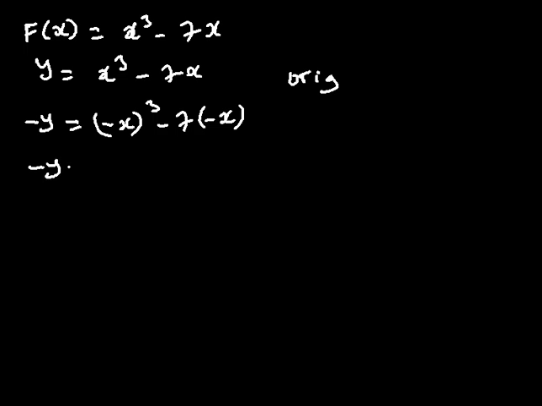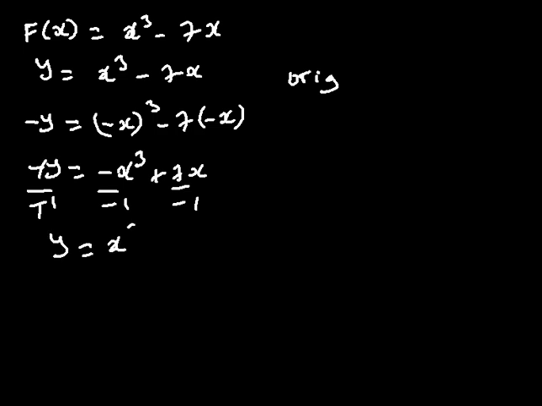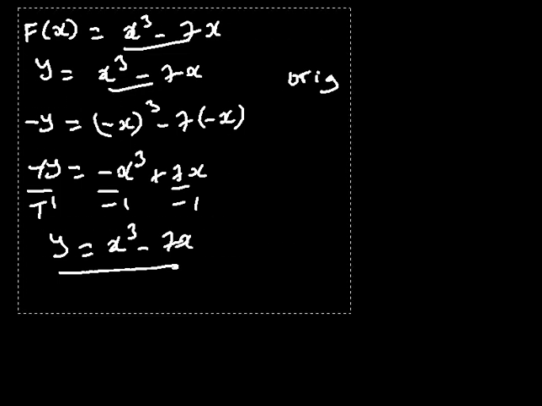So we have negative y is equal to negative x to the power 3 plus 7x, and we divide everything by negative 1. That gives y is equal to x to the power 3 minus 7x. As you can see, we have obtained the same function as the original function. Therefore, it is symmetric about the origin.